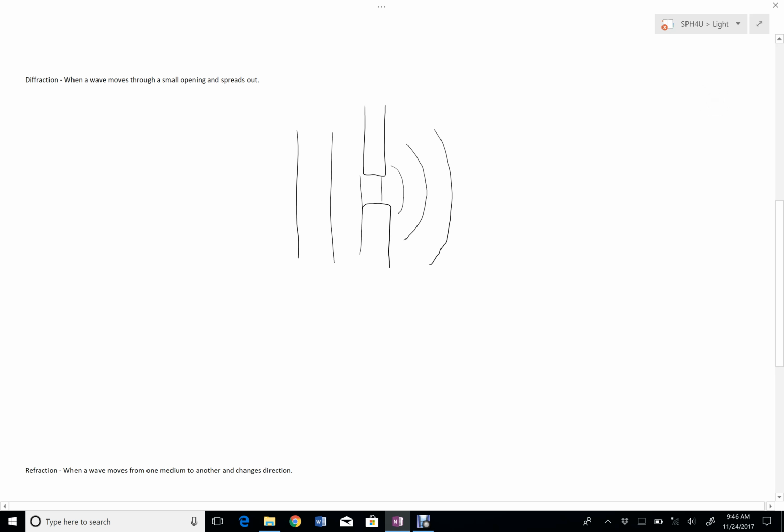It comes in with a uniform direction, and it comes out spreading out in all of these directions. Again, these are our wave fronts. These are our rays. We see that we had a common direction, and we're spreading out into all different directions. So that's diffraction.